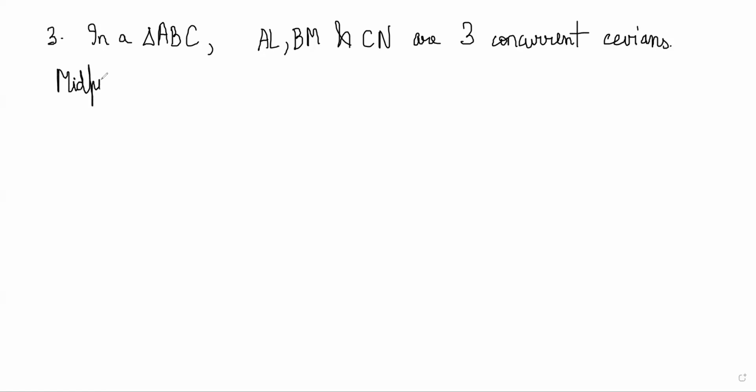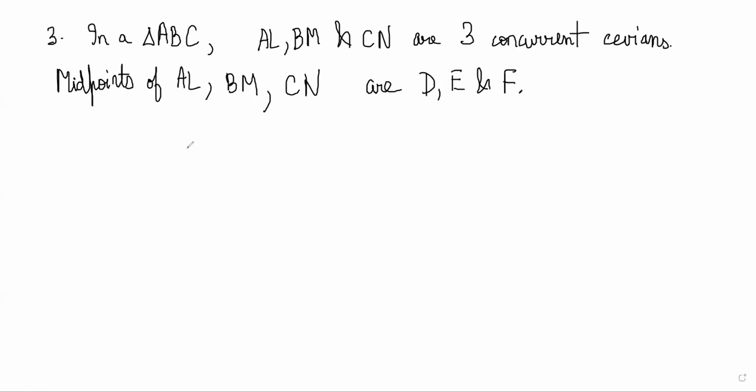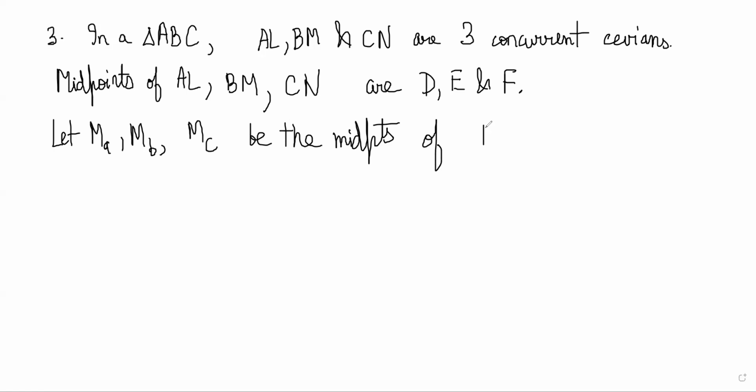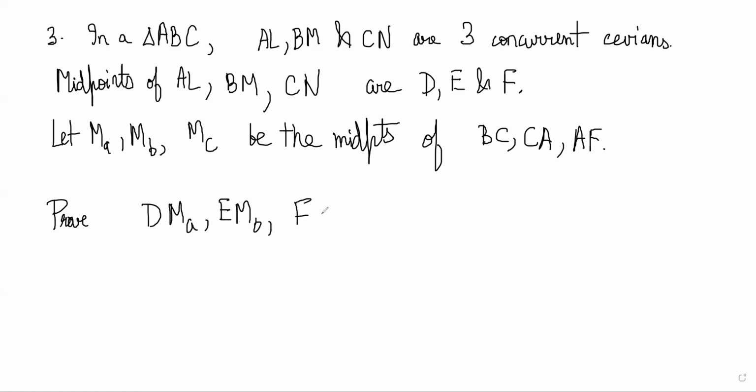Midpoints of AL, BM, and CN are known as D, E, and F. And similarly, let MA, MB, MC be the midpoints of BC, CA, AB. You can prove an unexpected result. Prove that the line segments joining DMA, EMB, and FMC are also concurrent.